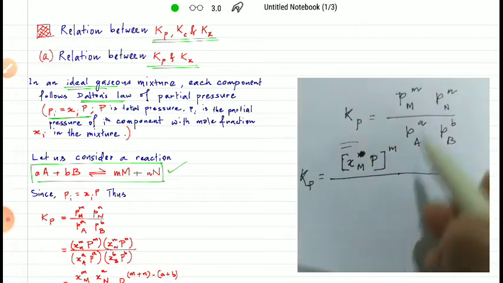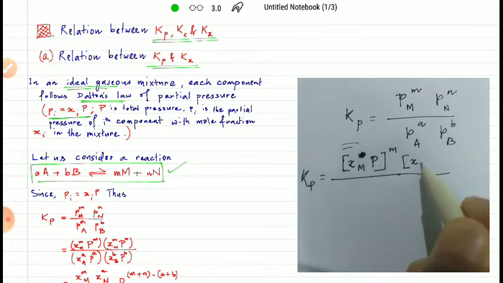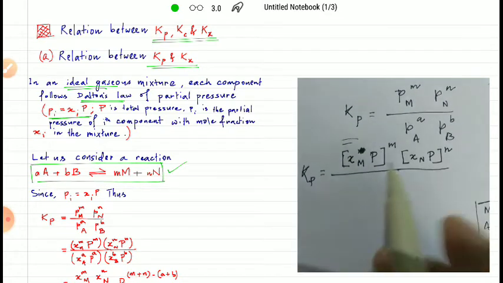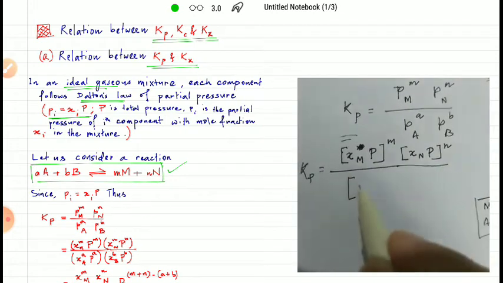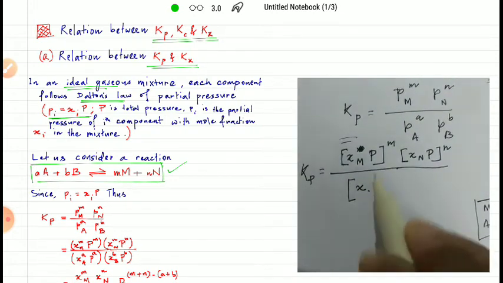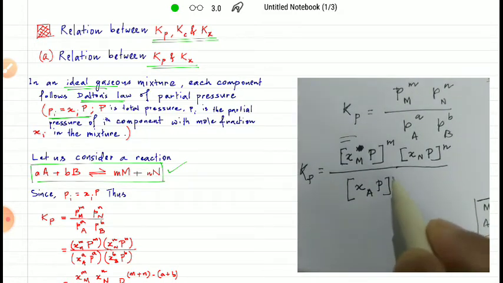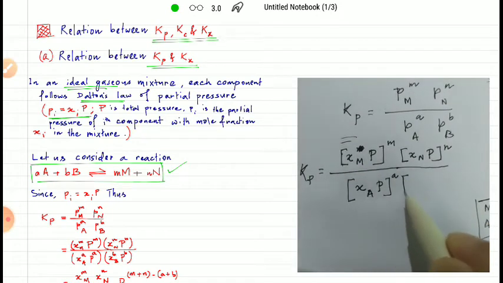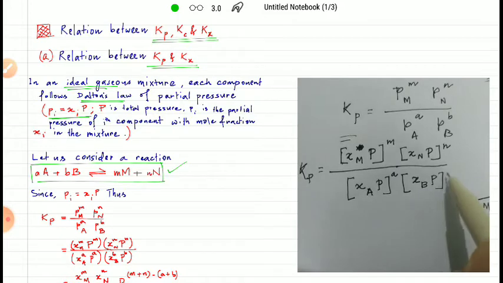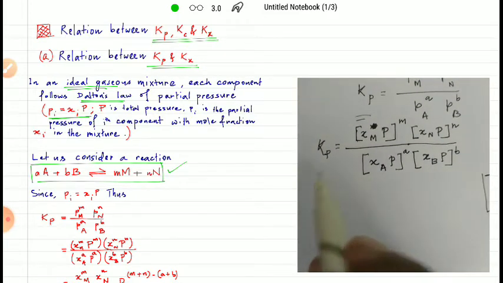And pN is equal to xN P, total pressure, to the power n. Similarly, xA P to the power a, and here xB P to the power b. So this is your Kp.